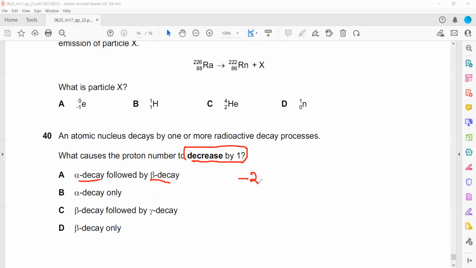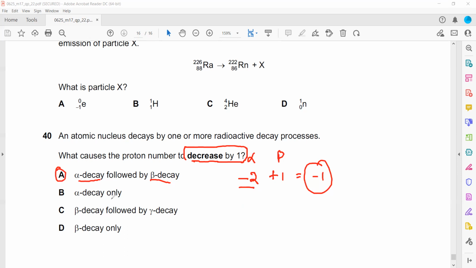And when it is a beta decay, it increases by 1. So what is the overall change in the proton number or atomic number? Due to alpha decay it decreases by 2, and due to beta it increases by 1. So what is the overall change? It will be -1. So it will decrease by 1.